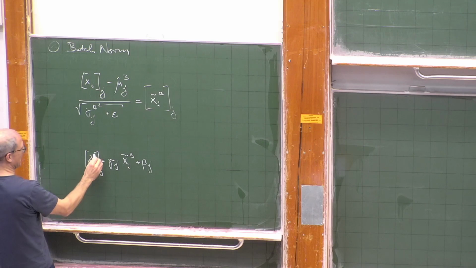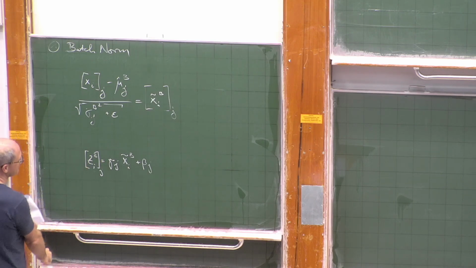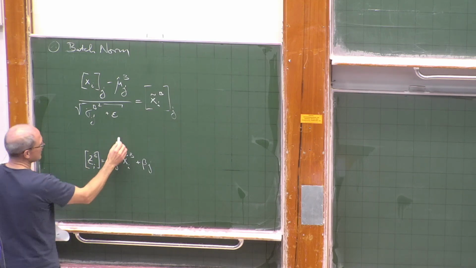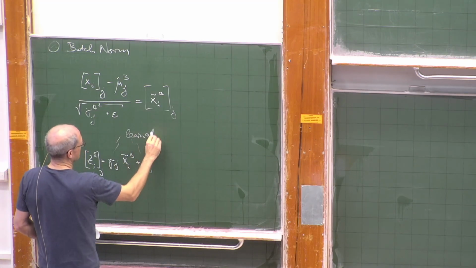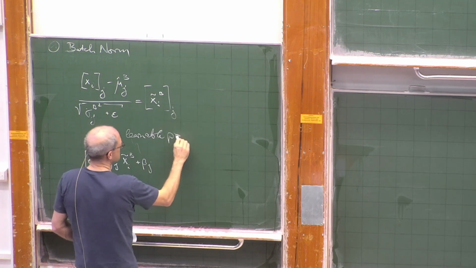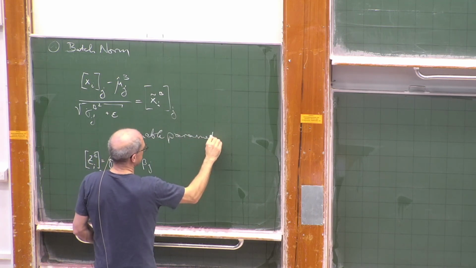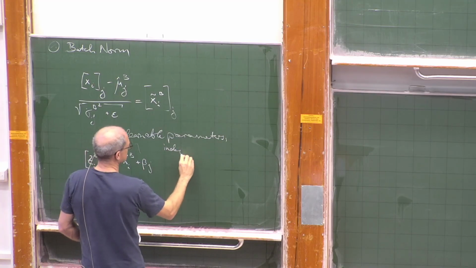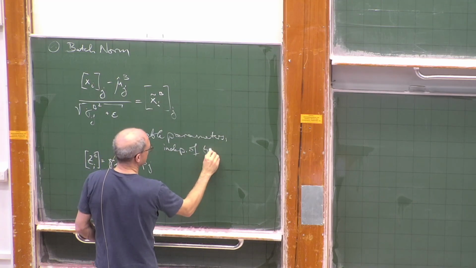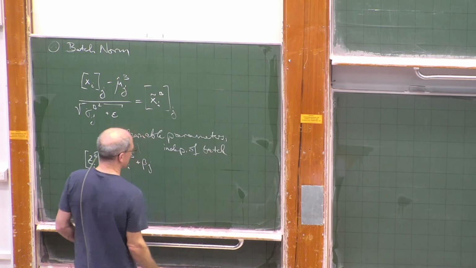And these are learnable parameters that do not depend on the batch. They're independent of the particular batch.